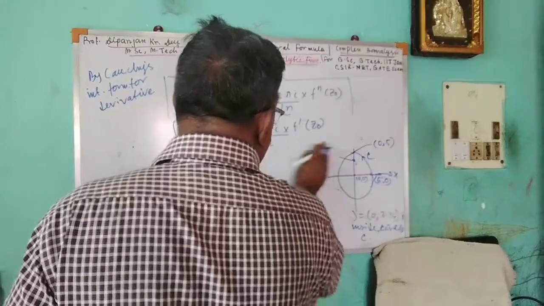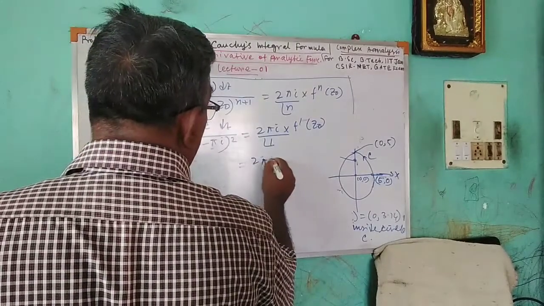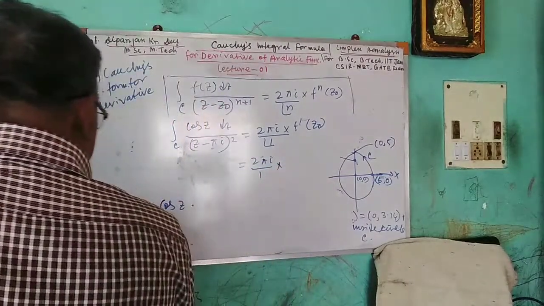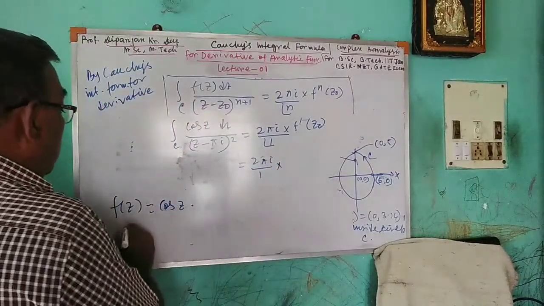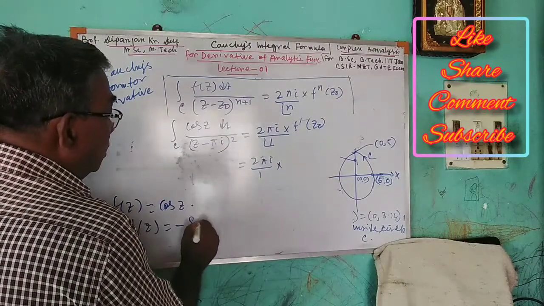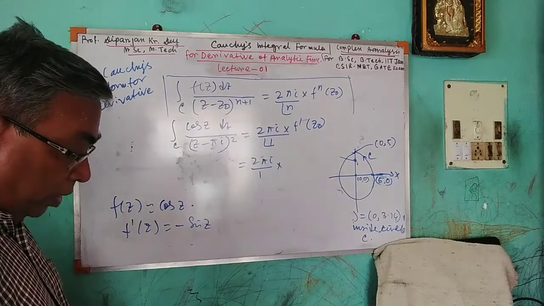Now how to get this value? 2 pi I by factorial 1 is 1, into f dash z0. What is f(z)? f(z) is cos z, so f dash z is minus sin z.